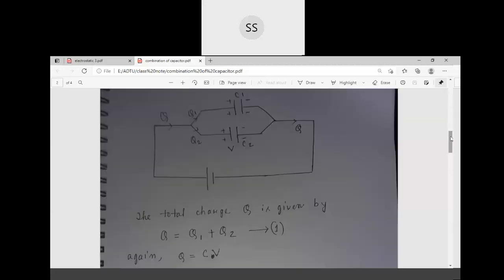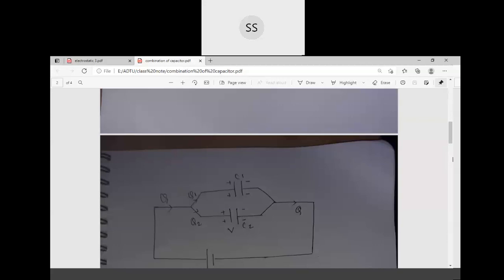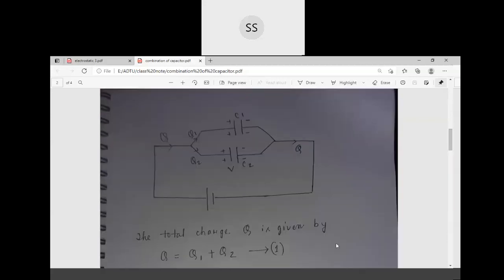Okay, this is a parallel combination of capacitors. This is a basic circuit. Here this is a battery. This is the positive electrode of that battery. This is the negative electrode. The amount of charge passing through this electrical circuit is Q, and at this point the circuit is divided into two capacitors in a parallel combination.